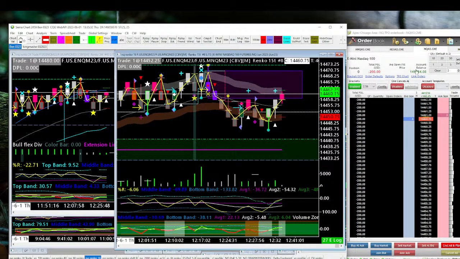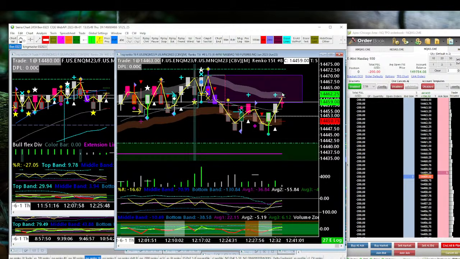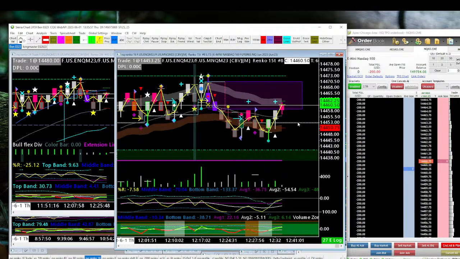So now I'm not at the account max, so now I can be a little bit more flexible with holding positions. I can hold runners, stuff like that. Now it's very possible that they come up here, sweep my stop, and then roll over. That happens all the time, so get used to it.